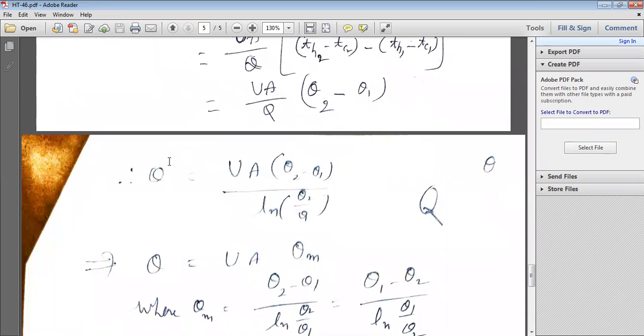Heat transfer rate Q is equal to UA into theta 2 minus theta 1 by Ln theta 2 by theta 1.